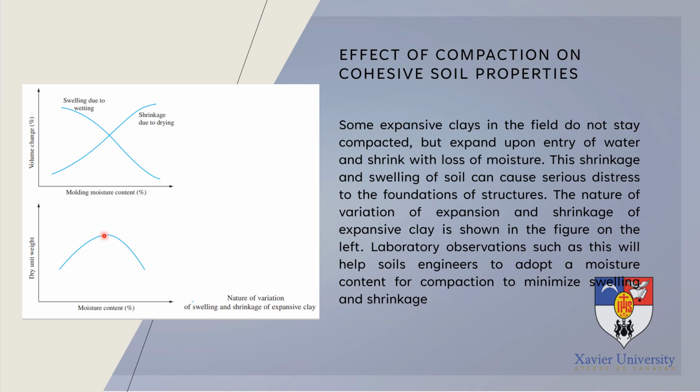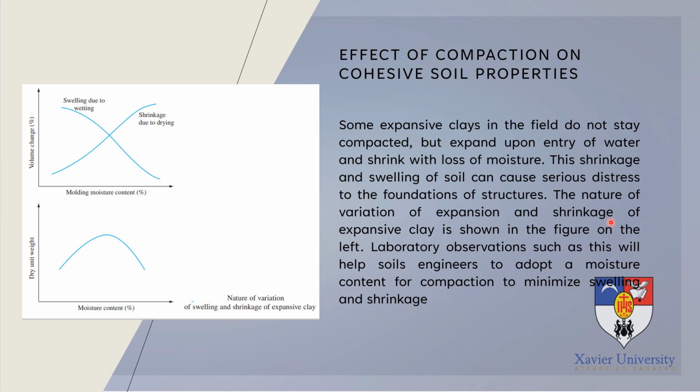We can notice that if our moisture content increases, our swelling due to wetting also increases, and the volumetric change actually decreases as well, and the shrinkage due to drying, or the change in volume due to drying, will increase as our moisture content increases. So that is the behavior of our shrinkage and swelling.